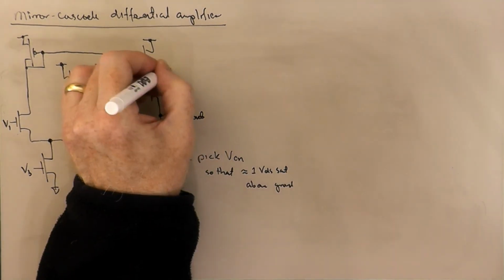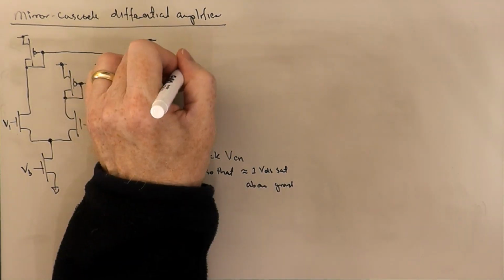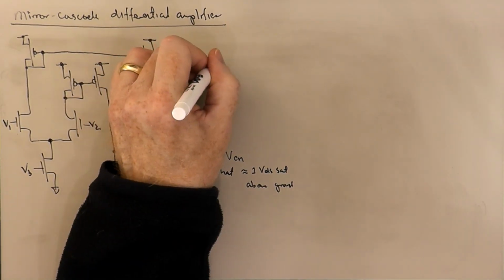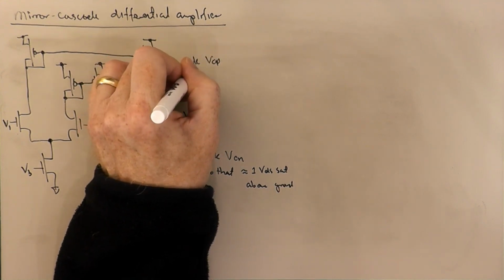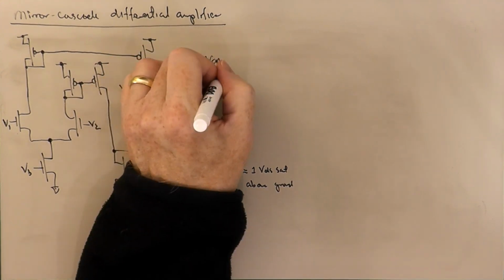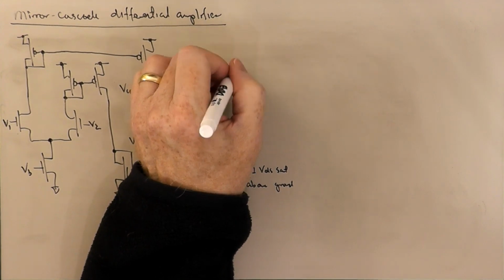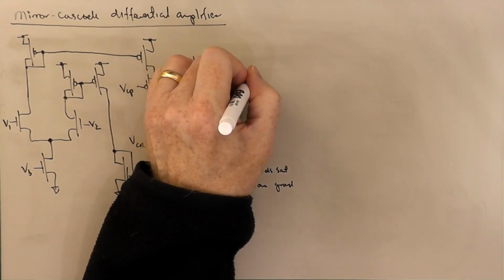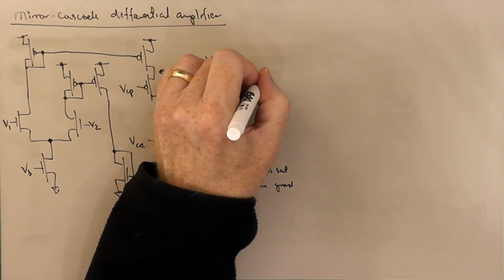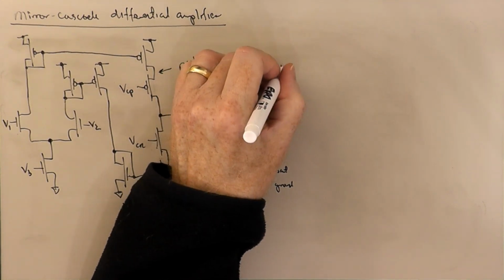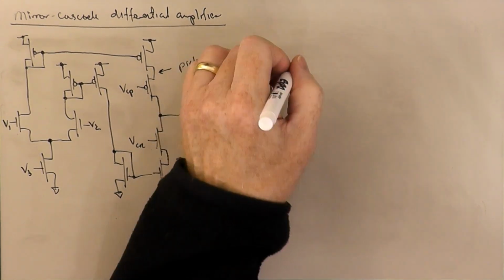And we would like to pick VCP so that this voltage here is about 1 VSD sat below VDD.